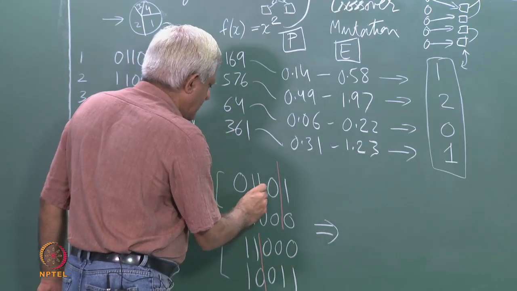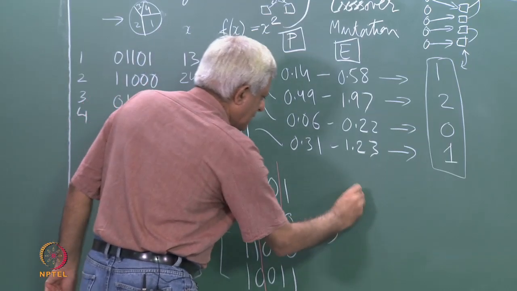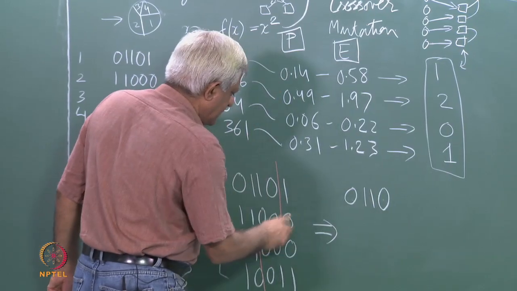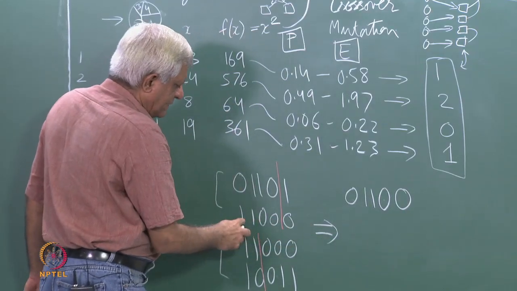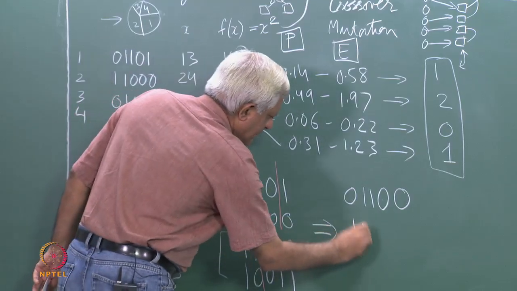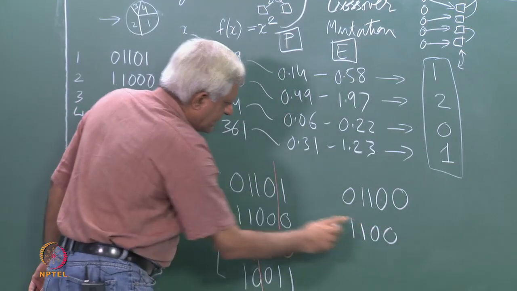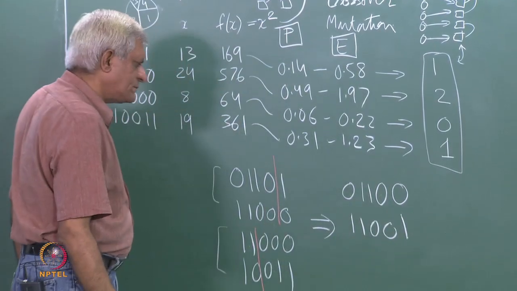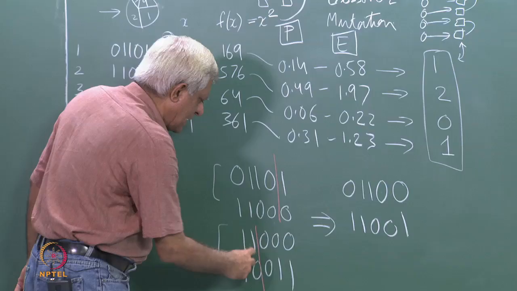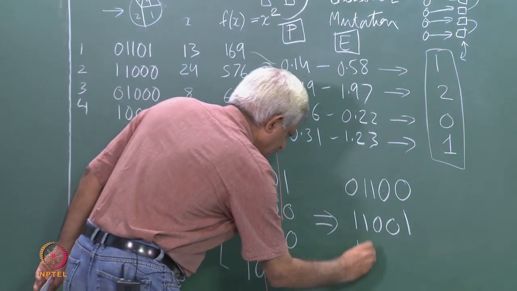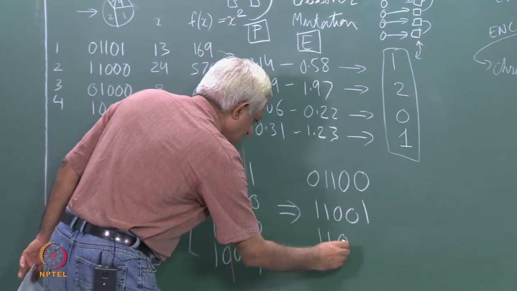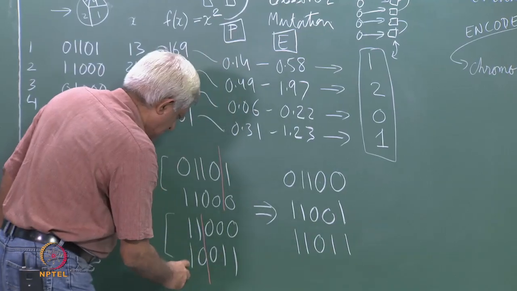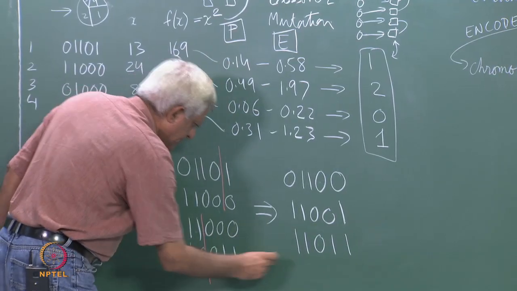So, this 0 1 1 0 will come here, followed by a 0, because this 0 comes from the other side. Likewise, this 1 1 0 0 will come here, followed by this 1 which comes from the other side, and similar thing will happen here, 1 1 0 1 1 and 1 0 0 0.